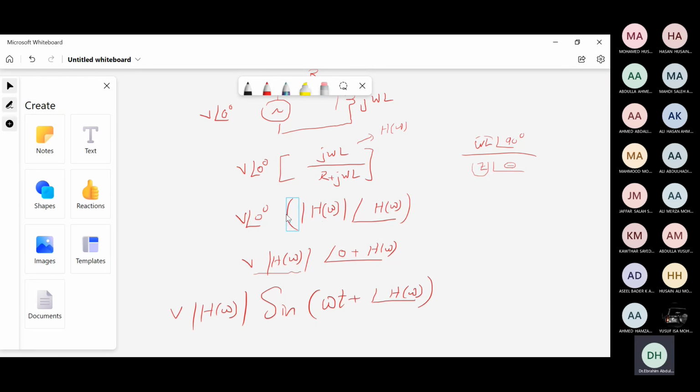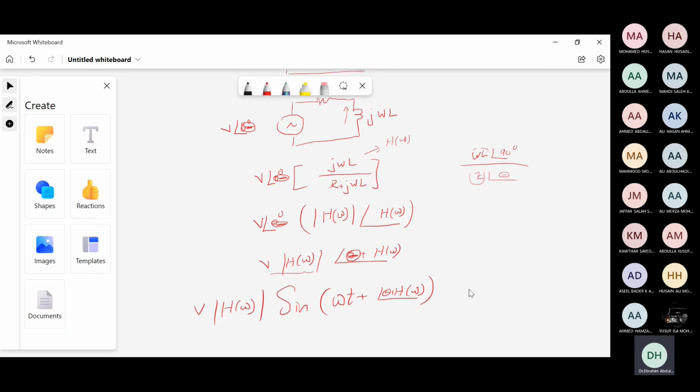So if this one is theta in general, then this one will be theta, this one will be theta. Then here we have theta, and here it is theta plus angle of H of omega. Theta is coming from the supply, while the angle of H of omega is coming from the angle of this one, which is the angle of H of omega in general.